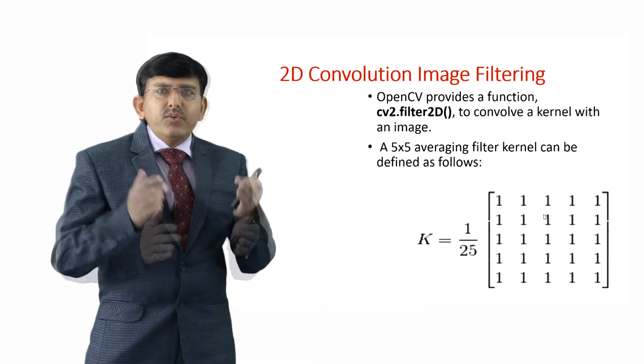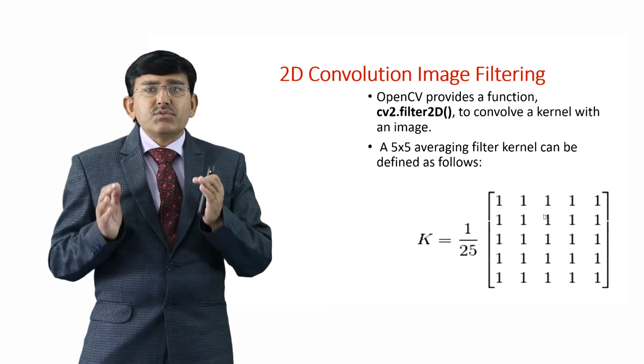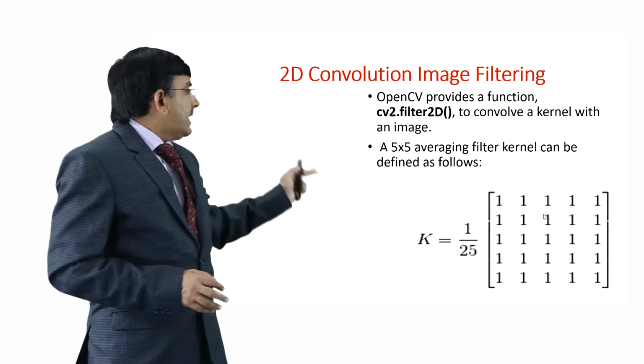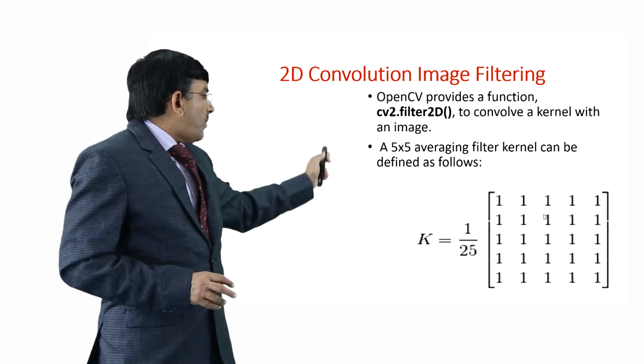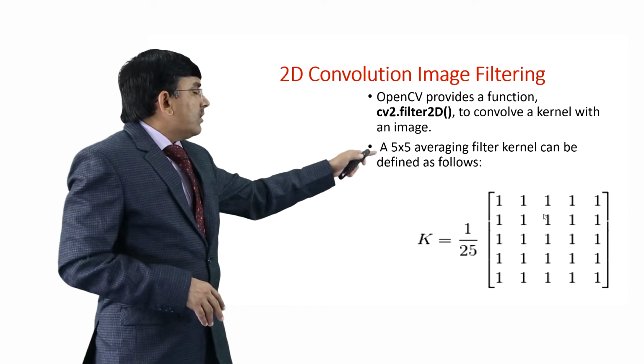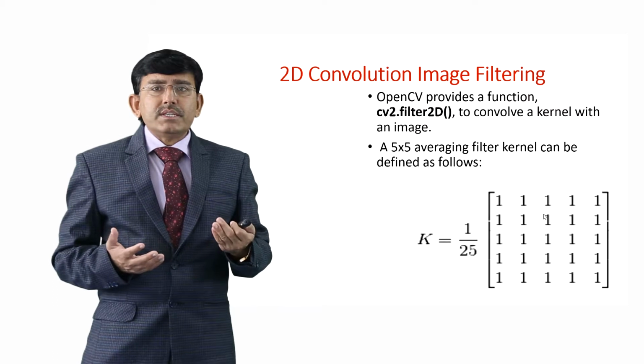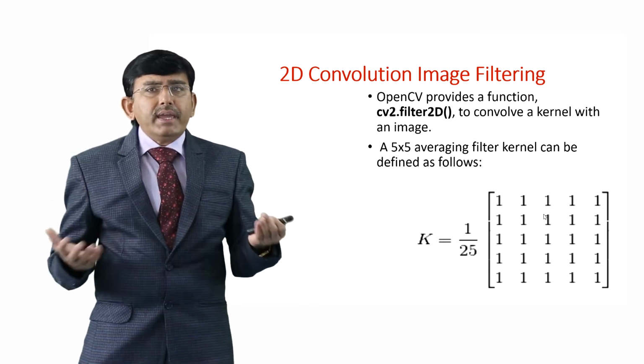A 5x5 averaging filter kernel can be defined as follows, where k is equal to 1/25 and in the brackets all the coefficients of that filter are 1, of size 5x5.